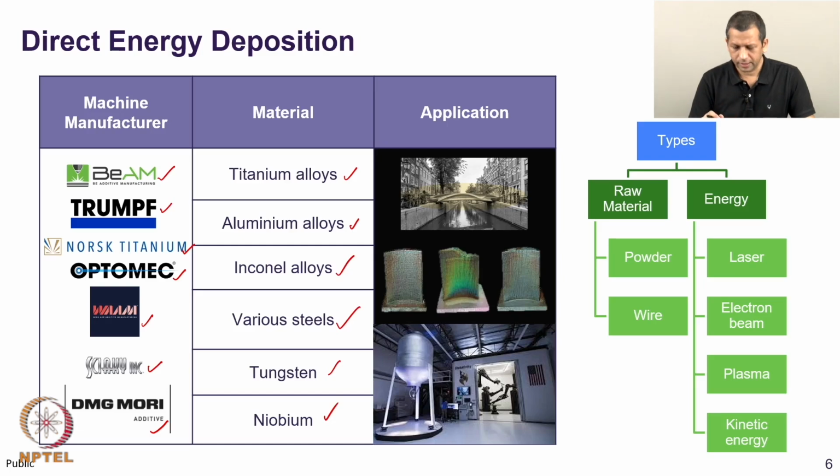This technology is also used for various repair processes. For example, if there are any damages to large structures like a bridge, those repairs can be done using the DED process, since the assembly is not very large and it can be transported wherever the repair is needed. It can also be used for repair of smaller structures like turbine blades.